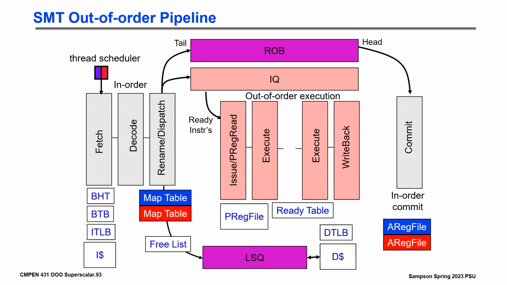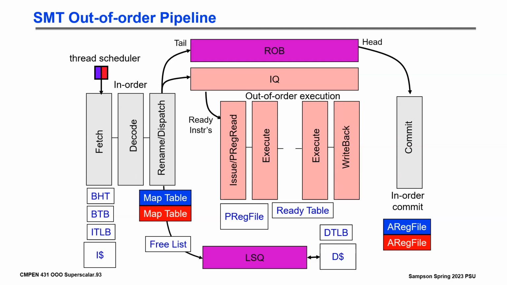So let's modify our existing processor to do simultaneous multi-threading. You can see that it's not necessarily radically modified. I'm going to need a thread scheduler so that I'm fetching from different sets of instructions.